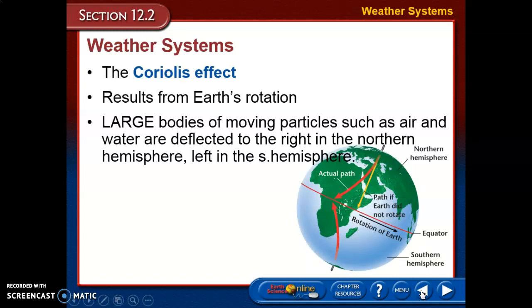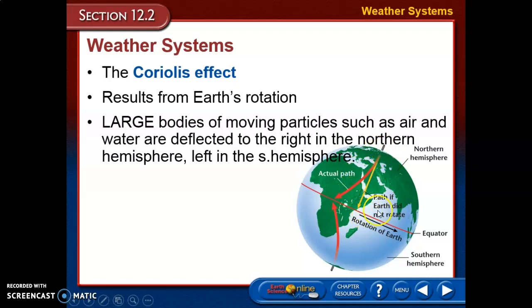So we got some information on the Coriolis effect. Think about that as almost like a swirling of the Earth's atmosphere. So when you think about changes in atmosphere, the air is going to go from something that's really warm, rise, move towards cooler areas, sink, and then come back to the warmer areas.